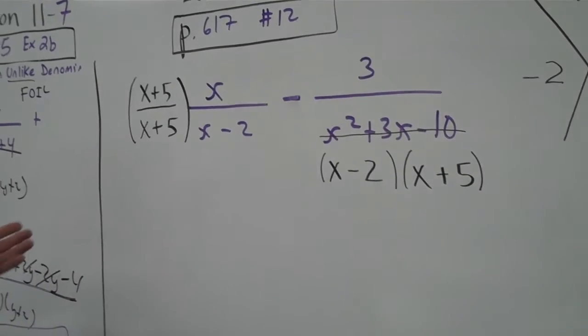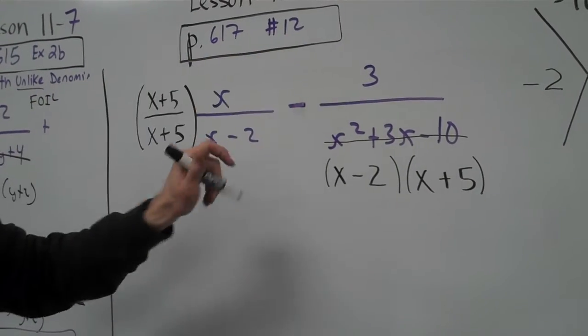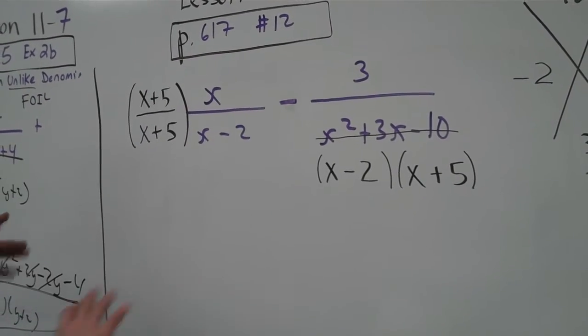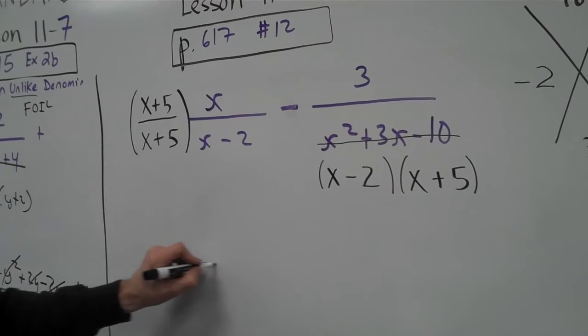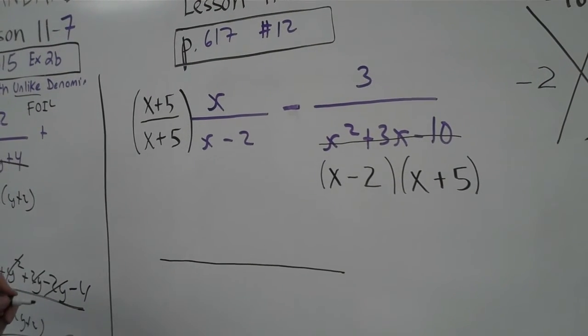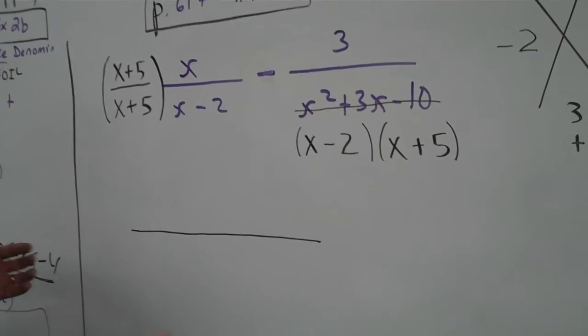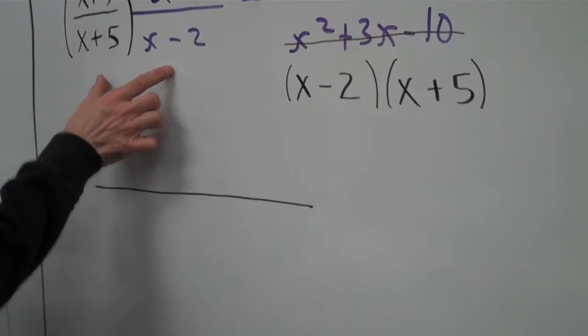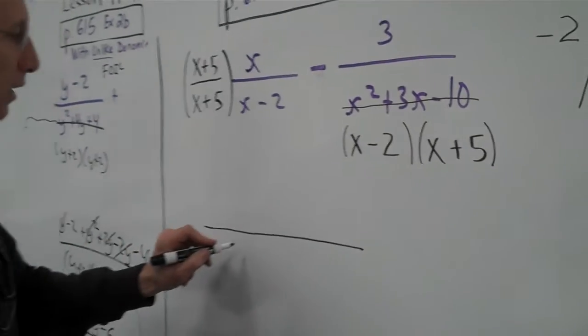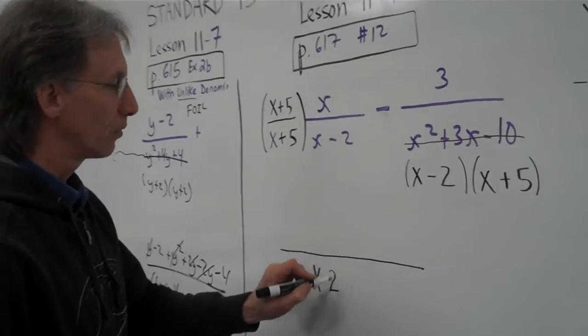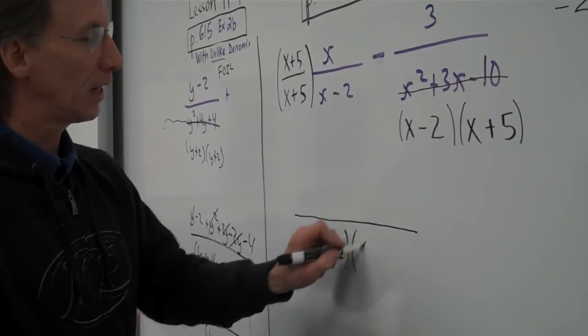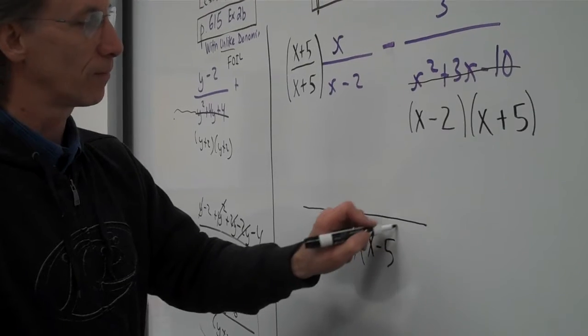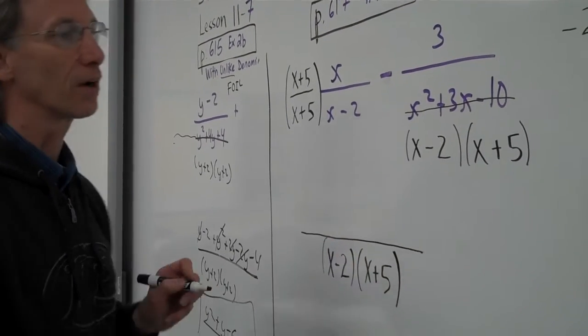So now we have to multiply across the top, and remember this is a subtraction here. Let's go ahead and put the denominator on the bottom. It's the same here and here, so I'll just write it down this way. x minus 2, right here, times x minus 5. I'm sorry, x plus 5, right there.